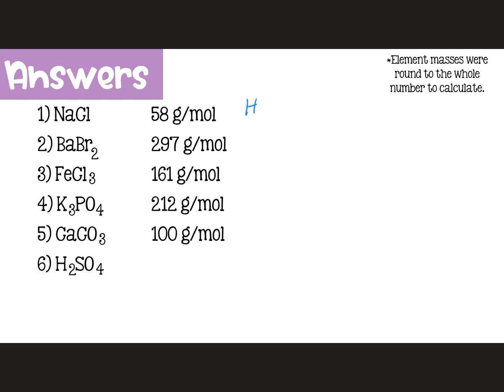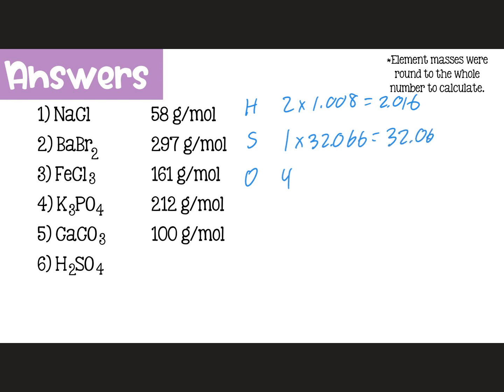Sulfuric acid, or H2SO4, is made up of 2 hydrogen atoms, 1 sulfur atom, and 4 oxygen atoms. The molar mass of hydrogen is 1.008 for a total hydrogen mass of 2.016. The molar mass of sulfur is 32.066 for a total mass of 32.066 grams of sulfur.